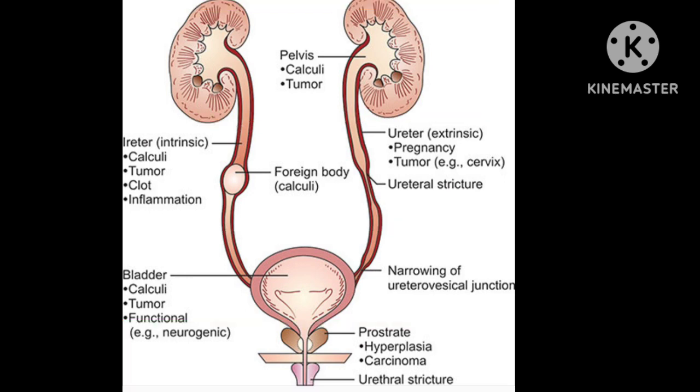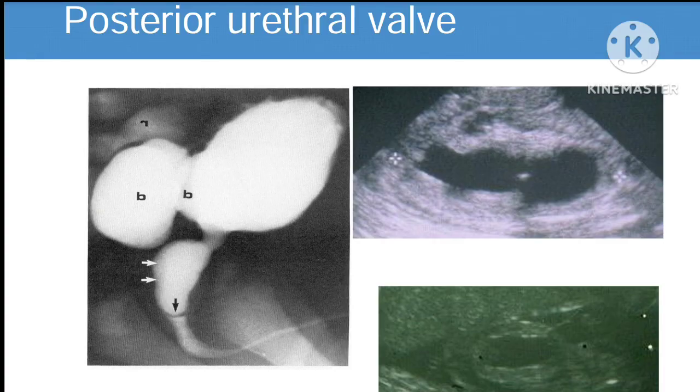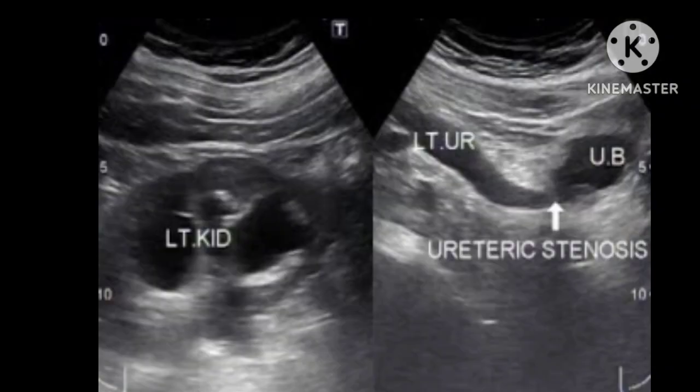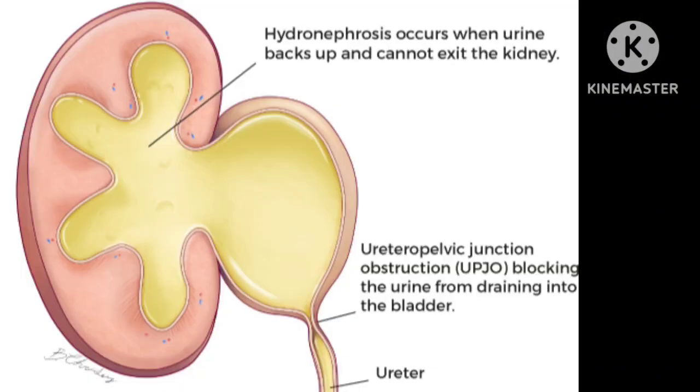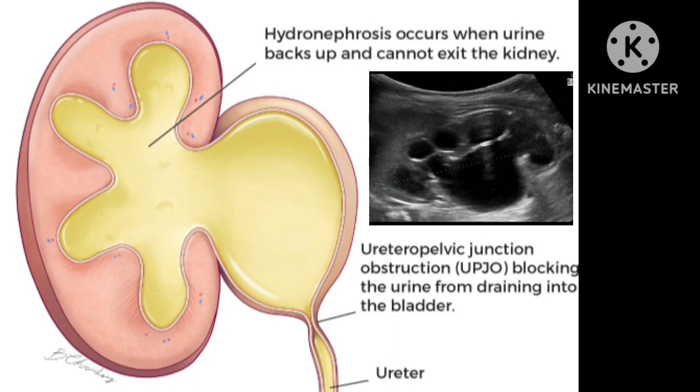The etiology and presentation of hydronephrosis and hydroureter is variable with age. In neonates and children, it is likely due to urethral valves, strictures, or stenosis at the ureterovesical junction or at the ureteropelvic junction.